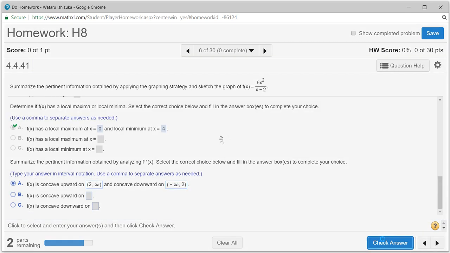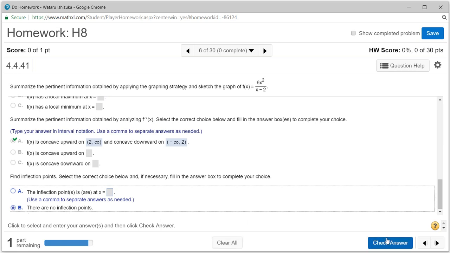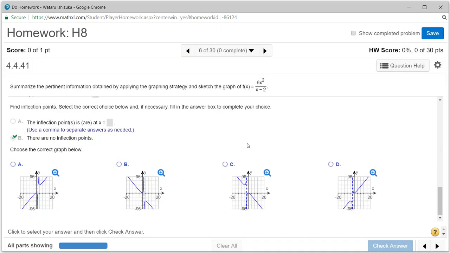All right, so let's check that. We got that. All right, then inflection points. We would like to say the inflection point is going to be at x equals 2. But unfortunately, when x equals 2 the function is not even defined, so there is no inflection point. All right, check the answer. We got that.